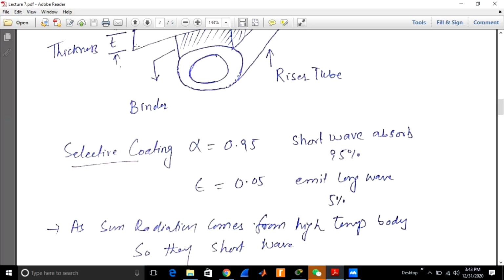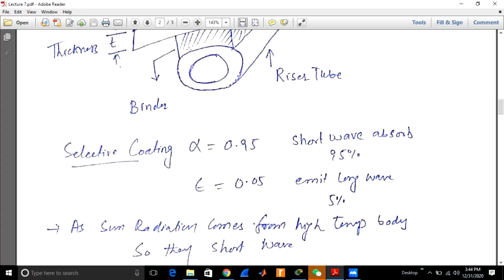When they come here and are absorbed by the body, this is a cool body, and the energy emitted by the cool body is called long waves.